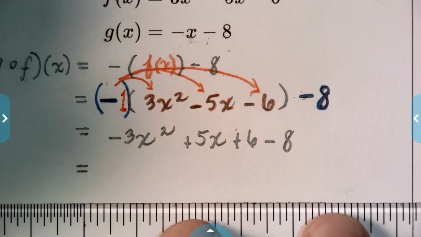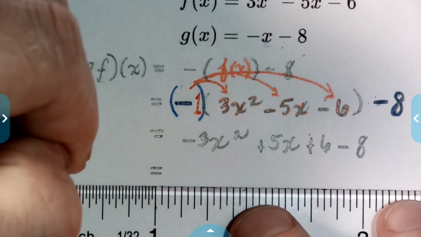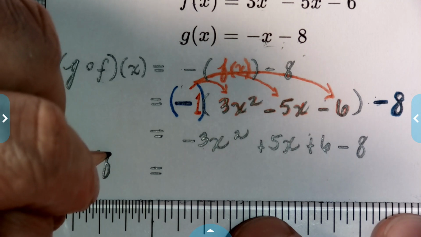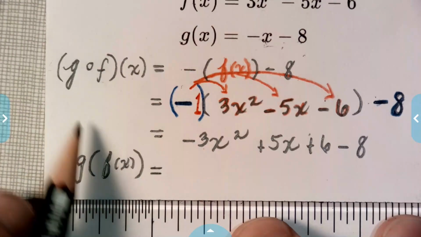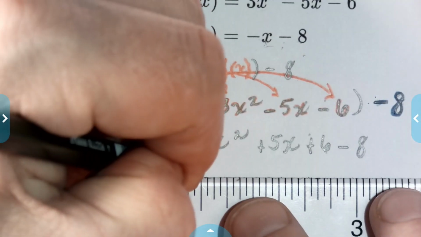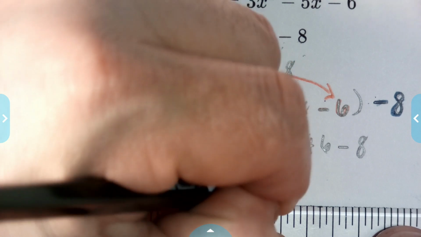So here we can say, again, I'll use yet a different notation here for you. G of f of x, again, identical to this, same thing, equals negative 3x squared plus 5x minus 2.